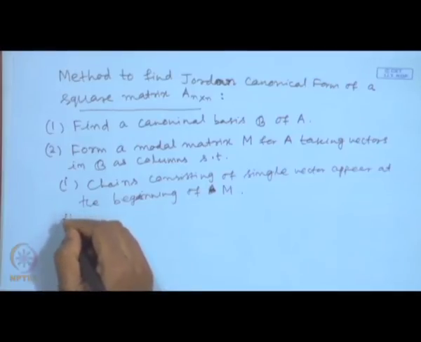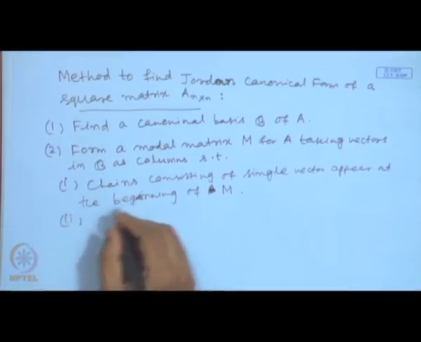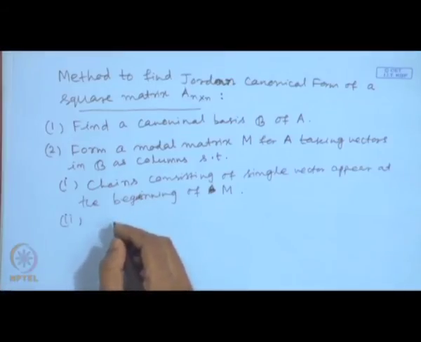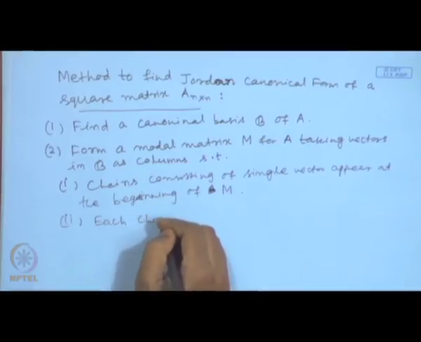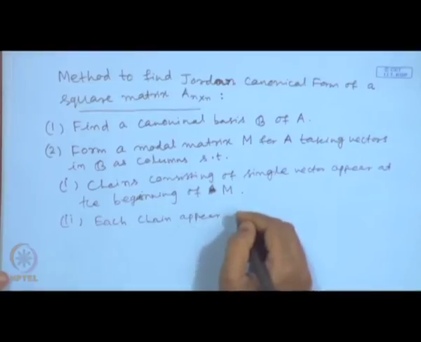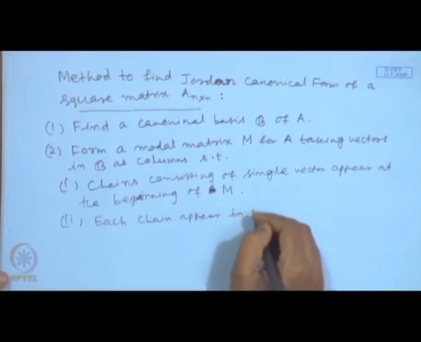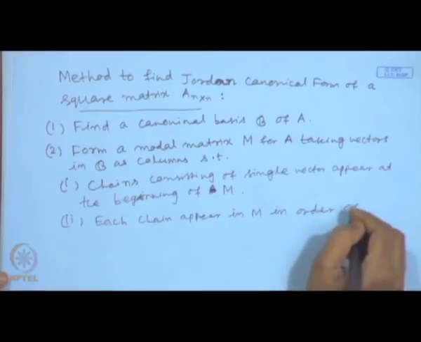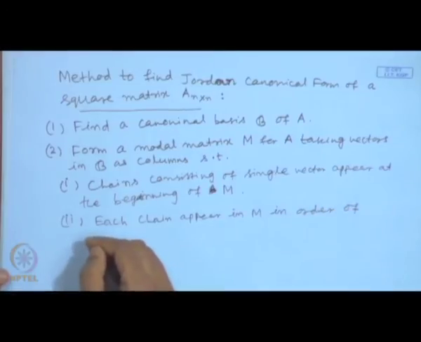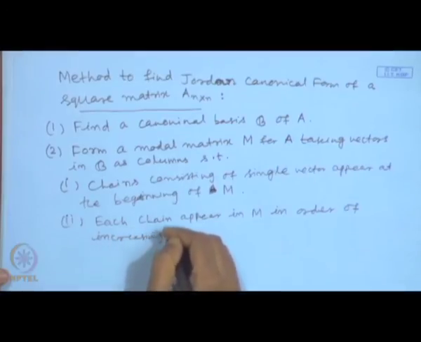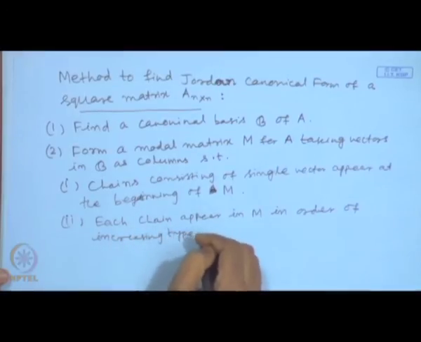And the second condition is that each chain appears in M in order of increasing type. We will take one example and explain this, of course.